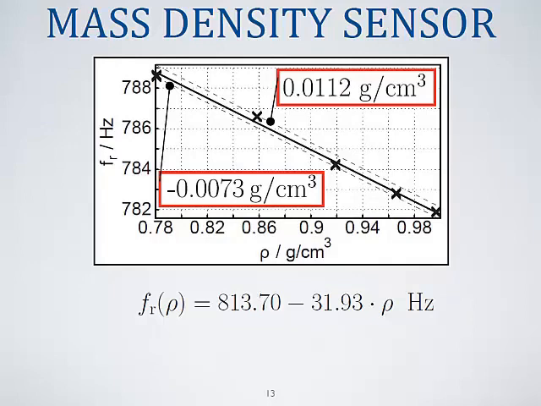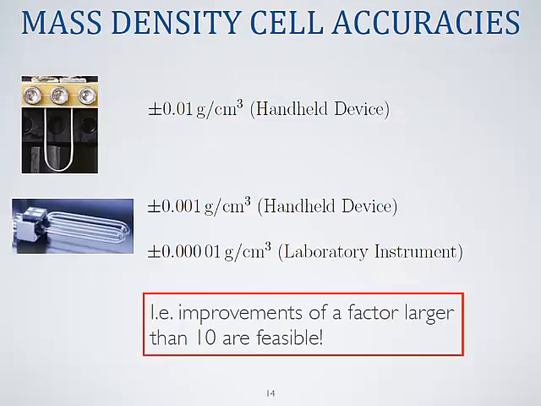If we compare this accuracy with commercially available devices, we see that for handheld devices we still can improve by a factor of 10. For laboratory instruments the accuracy is really high, but we cannot really compare laboratory instruments with the handheld devices at which we are aiming. But still, if we improve the setup, it should be feasible to make the accuracy 10 times better.